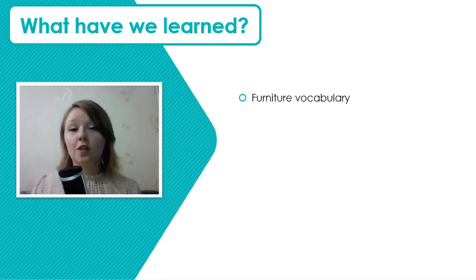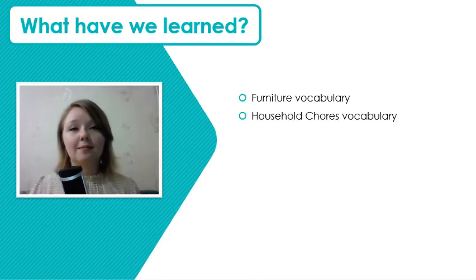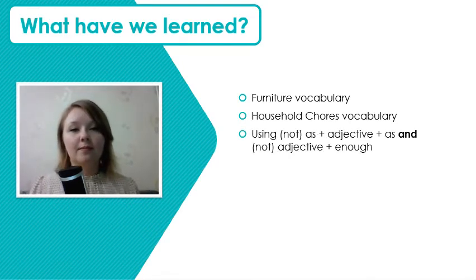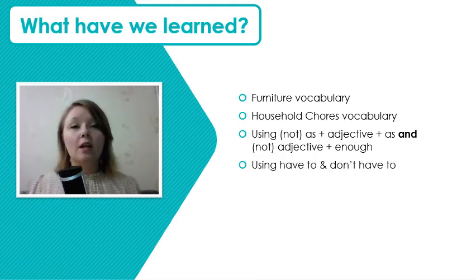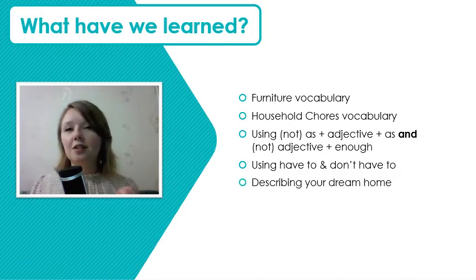We have learned furniture vocabulary, household chores vocabulary, using not as, adjective as, and not adjective enough, using have to and don't have to, and describing your dream home. So before we talk about how to use these in English conversation, let's go through one by one and review the important points about what we have learned.